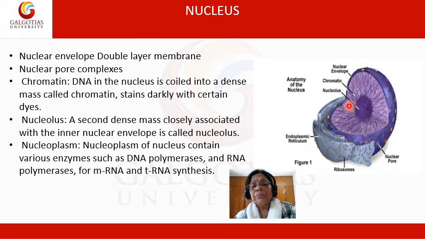And the nucleus is surrounded by the endoplasmic reticulum. This endoplasmic reticulum has a rough surface, with ribosomes on its surface. So it is known as rough endoplasmic reticulum. We know that ribosomes help in protein synthesis, so some enzymes and proteins are synthesized here in the endoplasmic reticulum.